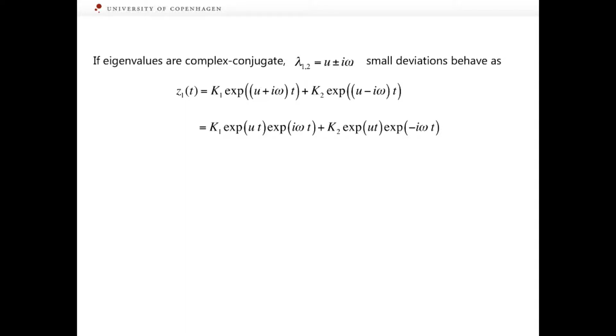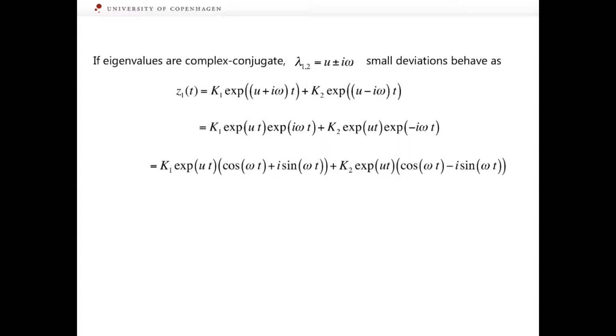Each of the exponents to the complex arguments can be represented using Euler formula as a combination of a cosine and a sine. Let's do it. In particular, the first exponent to iwt is the sum of cosine wt plus i sine wt, and the second exponent can be represented by analogy.